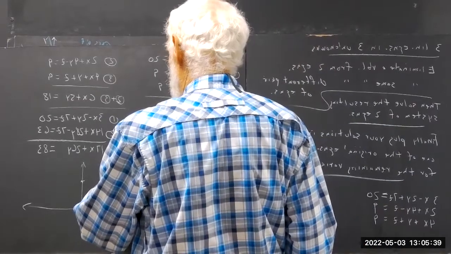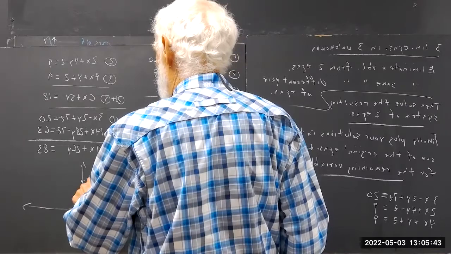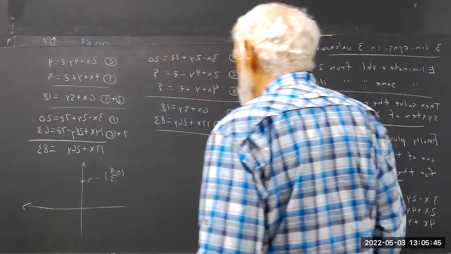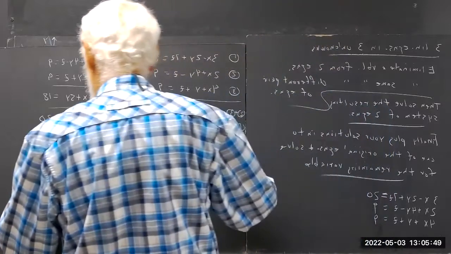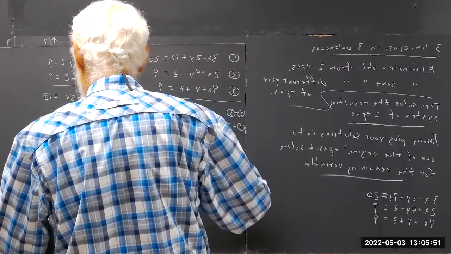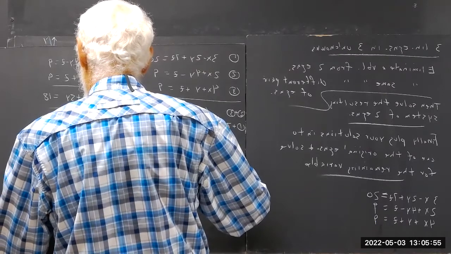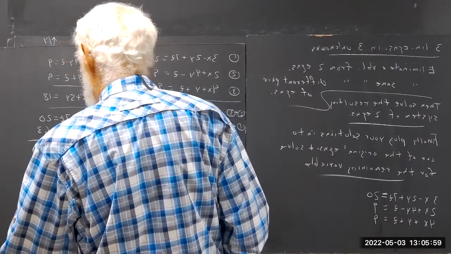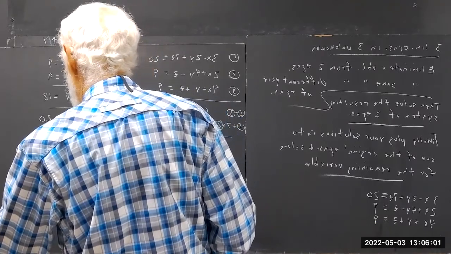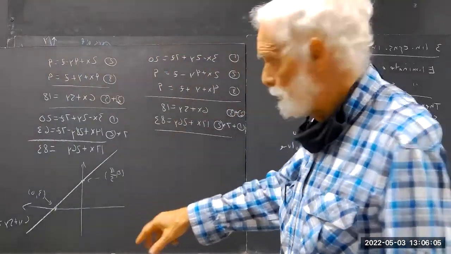That's 0, 18/5. And if y is 0, x is 3. So it gives you 3, 0. And there's my line for 6x plus 5y equals 18. I have a feeling I'm off the edge of the board.